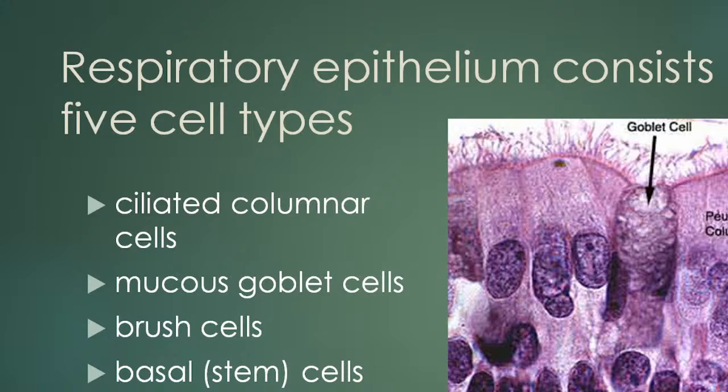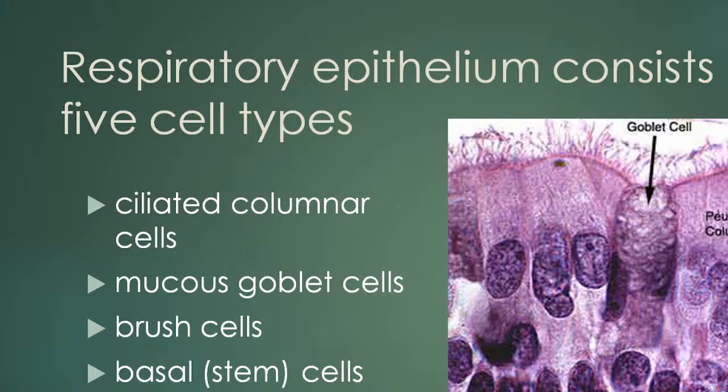Next type, basal cells or stem cells. Here you can see them. They are located on the basal lamina, and their main function is differentiation into other cell types.